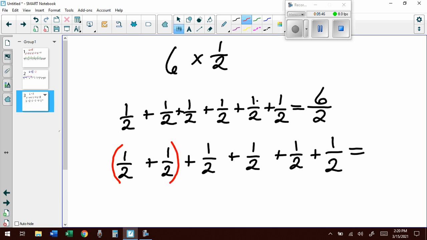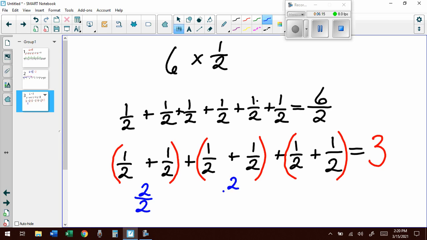There's 1 whole piece. 1 half plus 1 half. There's 1 whole piece. 1 half plus 1 half. There's 1 whole piece. So I have 3 groups of 2 halves. So I have 3 groups there. And right in between I have 2 halves, 2 halves, and 2 halves.